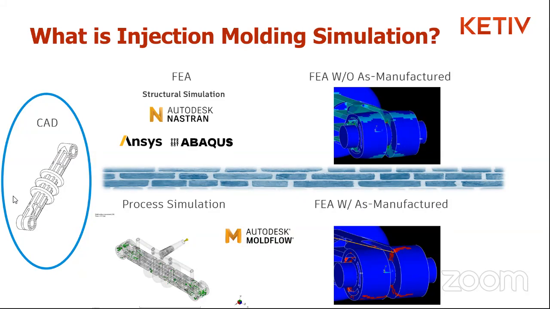So what you see on your CAD screen is never what you'll eventually get in your hand as a physical part, right? The physical part always has some defects, some imperfections, etc.